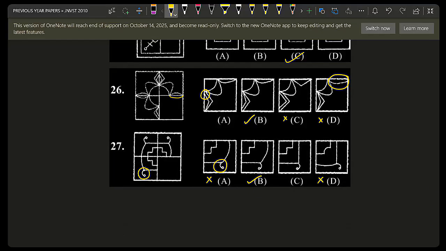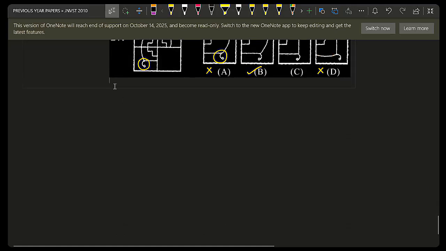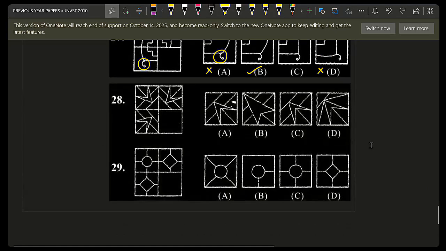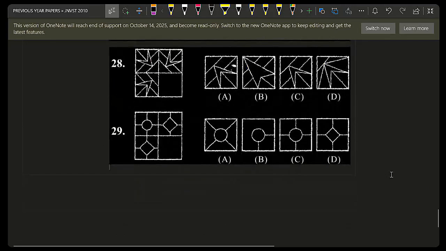Next, let's take 28 and 29. Yes, 28. Observe the figures carefully. This arrow mark is pointing towards the center. All the arrow marks are pointing towards the center.